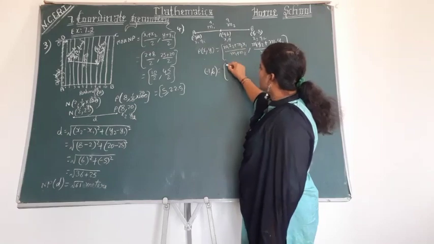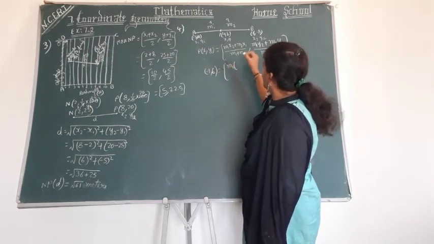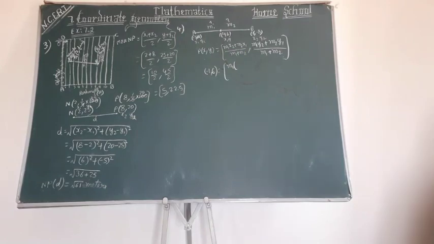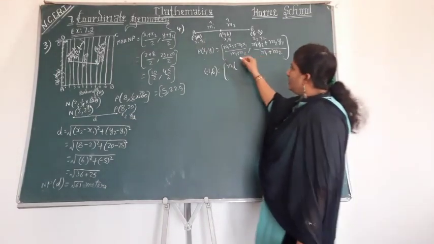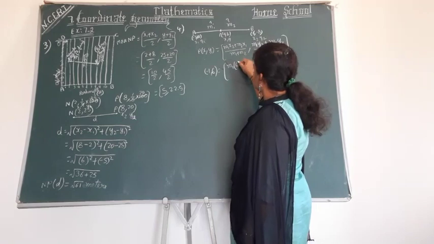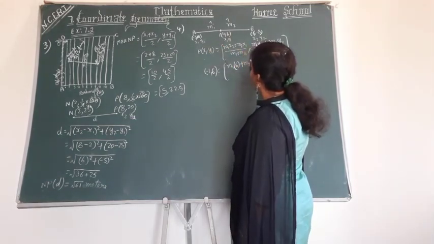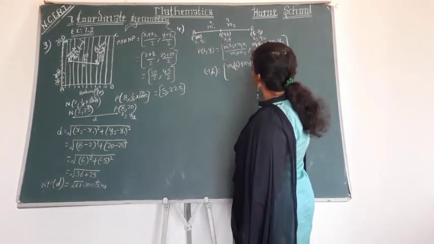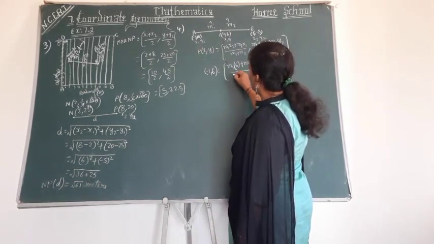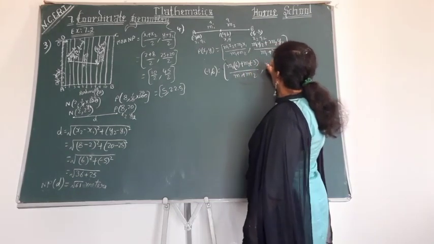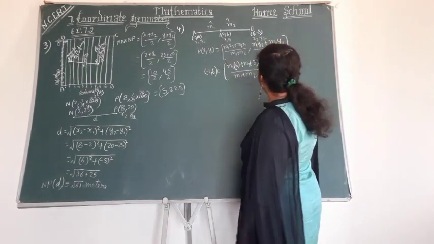We don't know M1. M1 into, what's your x2? 6 plus M2. What is your M2 here? Don't know. M2 into x1 value is minus 3, by M1 plus M2. M1 into, what's your y2 value?